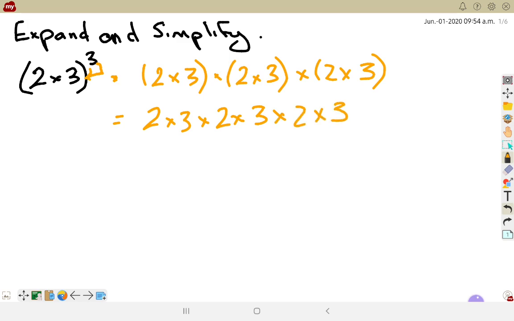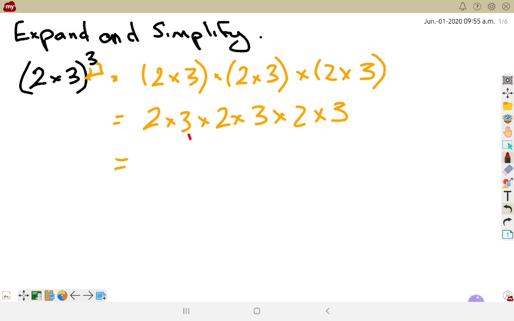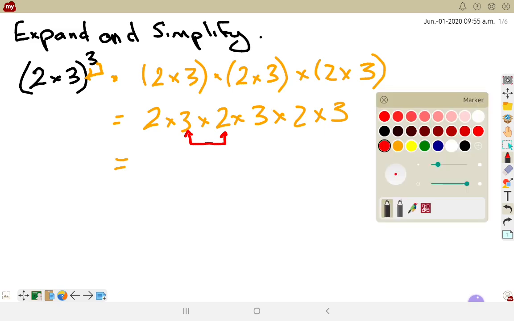And once we remove the brackets, we need to remember that multiplication is what we call commutative. So that means numbers can switch places and it won't change the multiplication. So if I move this 3 and that 2 and they switch spots, I will still have the same answer at the end.